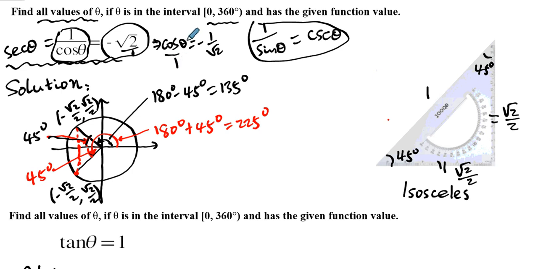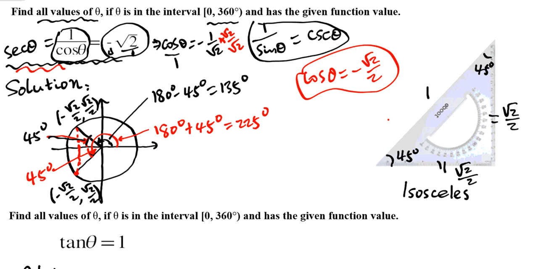So you have cosine theta over 1 equals negative, you keep it, and then 1 over radical 2. Both numerator and denominator multiplied by radical 2. You then have cosine theta is negative radical 2 over 2. So from here, you can figure out cosine theta is negative radical 2 over 2.